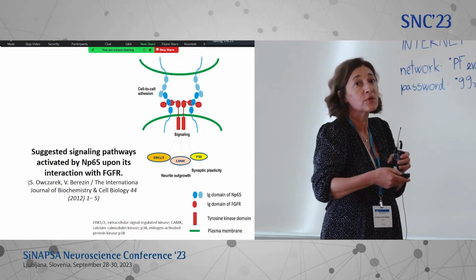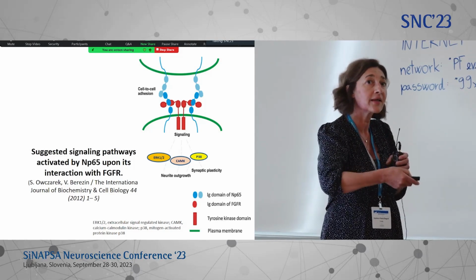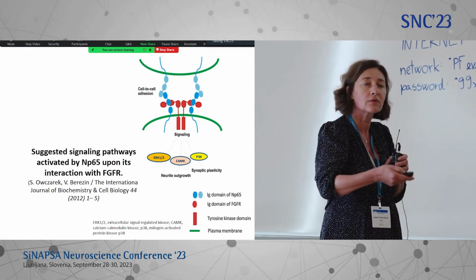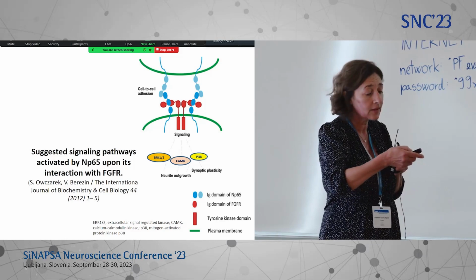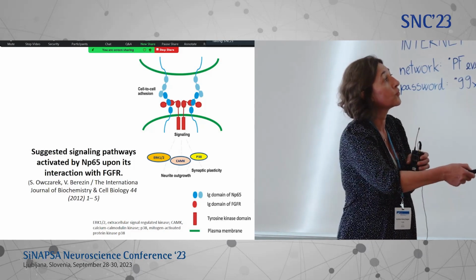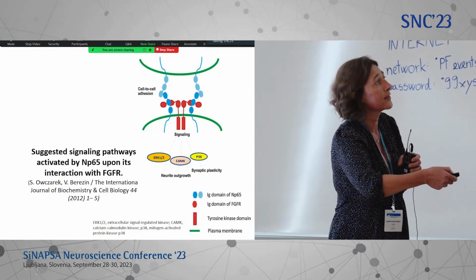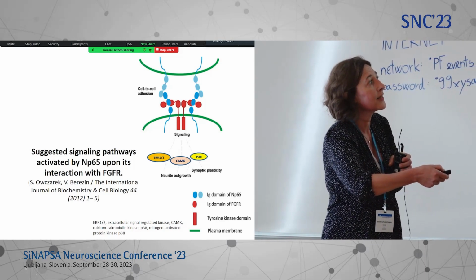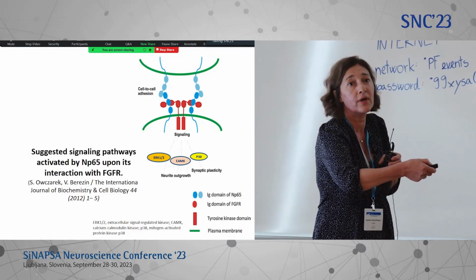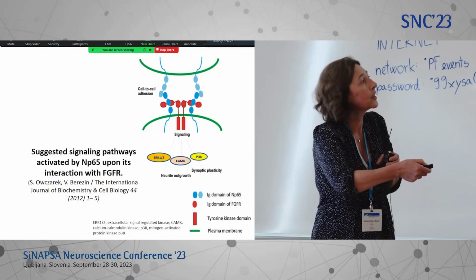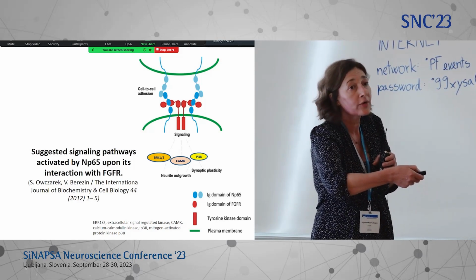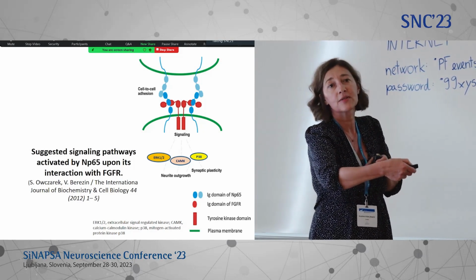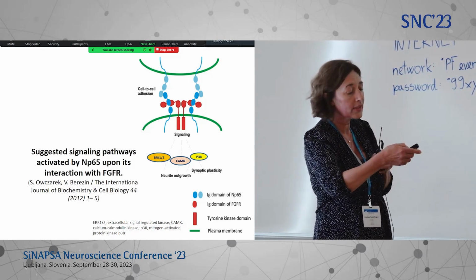What has been shown first is that the signaling cascade is dependent on the interaction of the FGF receptor with neuroplastin. You can see some of the generally activated downstream kinases, which are shared by many other important cellular processes. Some of those kinases are also activated by the signaling cascade of neuroplastin.